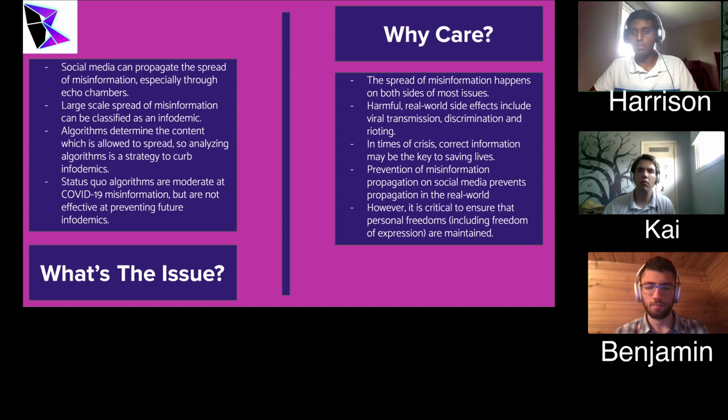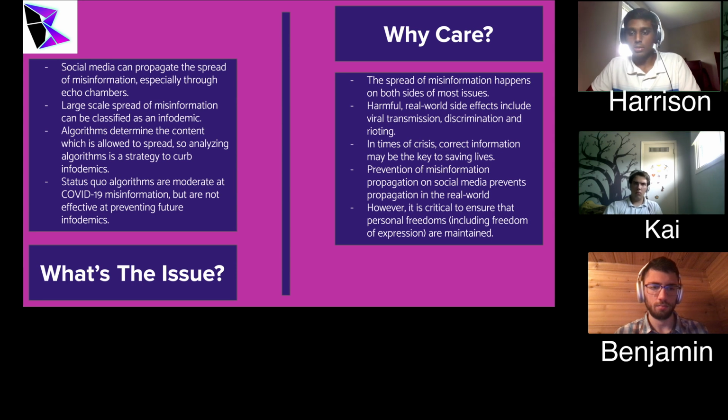So what are the main implications of our research? Well, the spread of misinformation happens on both sides of most issues, and this can really intensify the effects of a pandemic and pronounce real-world side effects. This includes viral transmission, discrimination, and even to the extent of rioting.